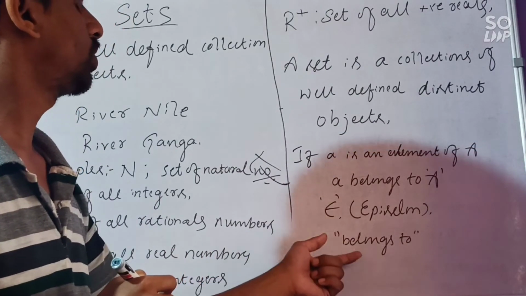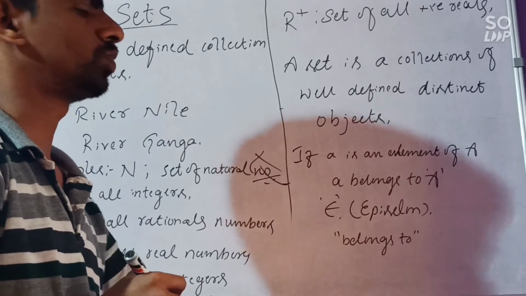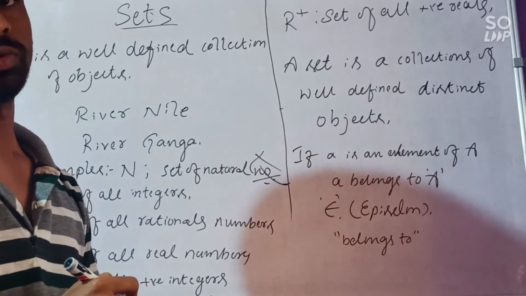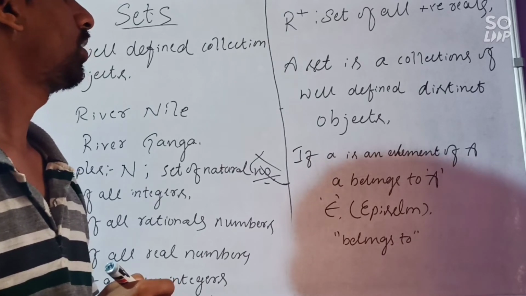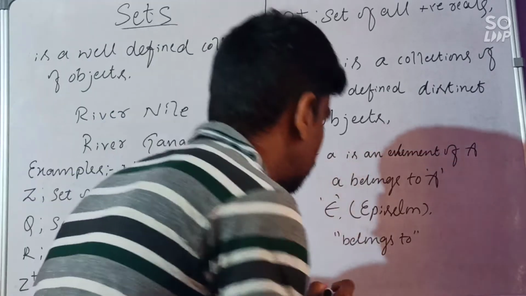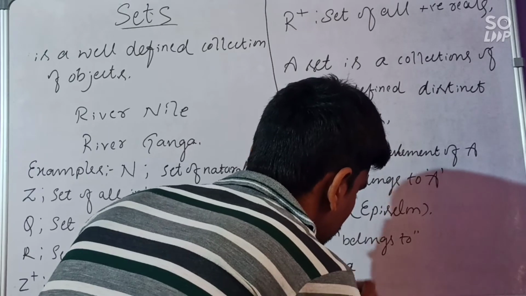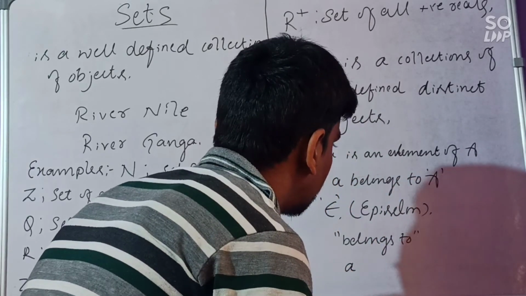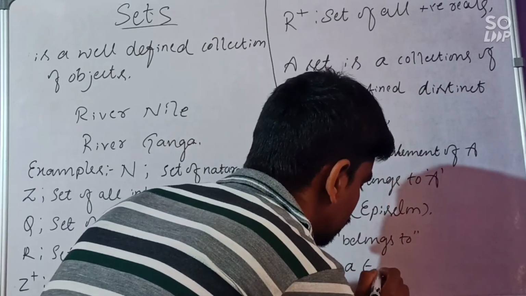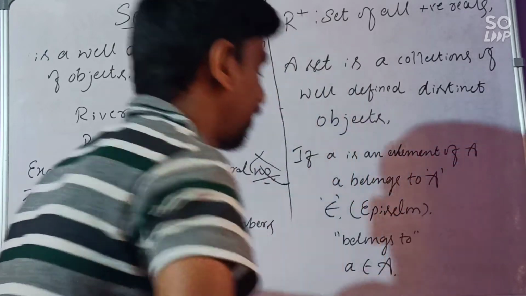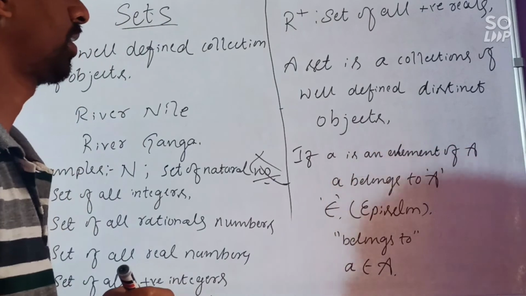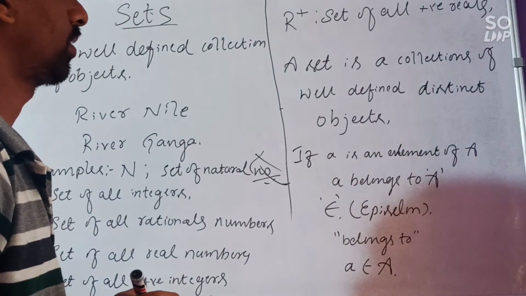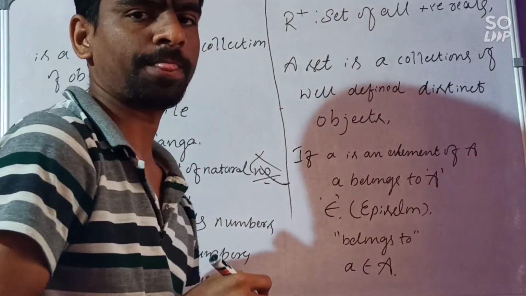This symbol is used to denote belongs to. Then we write small letter a belongs to capital letter A.